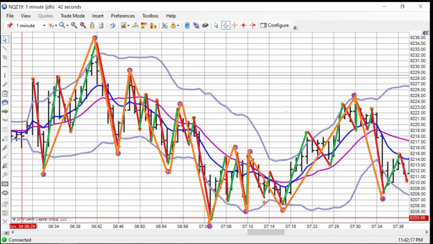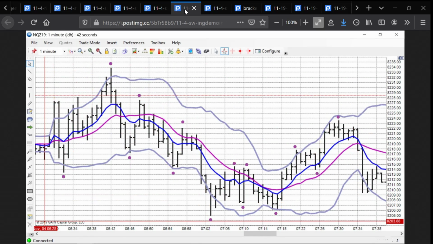So if you're aware of the intermediate level structure on top of the minor structure, and I know it's really busy, it's hard to tell what's going on here with all these lines, but this is just what you're aware of in your mind as you're trading.